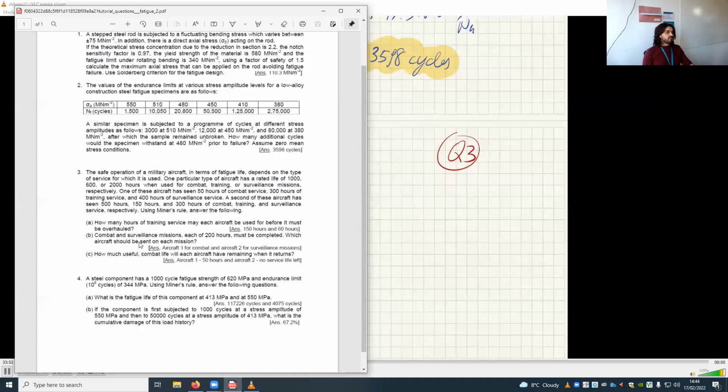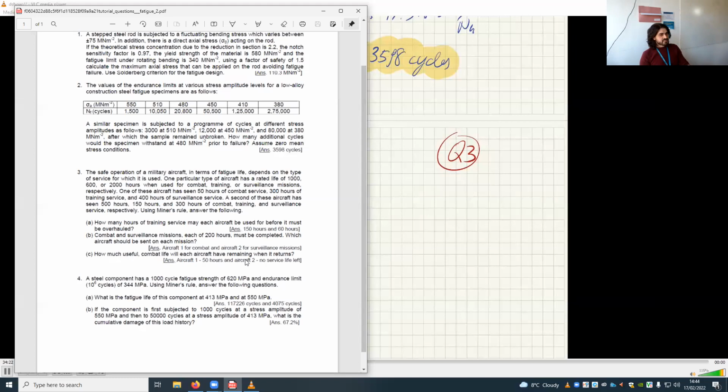Also, we have two missions: one is a combat mission, one is a surveillance mission, each of which is 200 hours that must be completed. Which aircraft do you send where? You can look at them from the logs, and as the military engineer you have to decide which aircraft should be assigned to which mission.